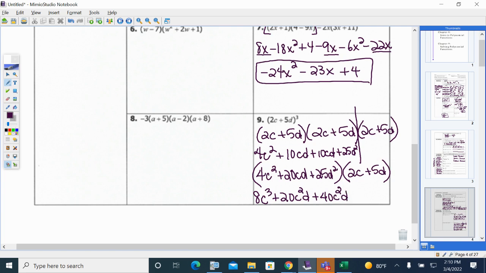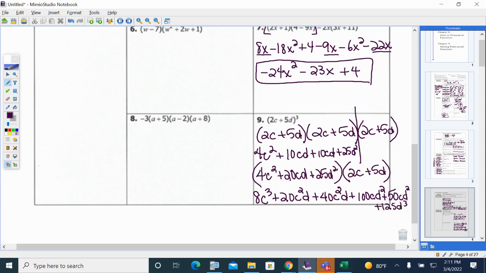And then the 20cd times the 5d is a positive 100cd squared. And then lastly, our 25d squared times both of those terms is going to give us a positive 50cd squared. And then the last one is 25d squared times 5d is going to give us 125d to the third.